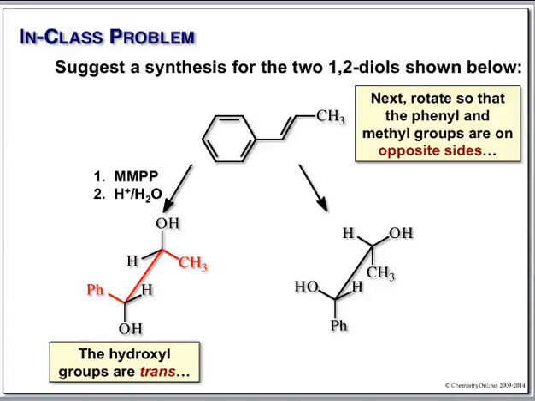That means the hydrogen will come down, and the hydroxyl group will be over here. Phenyl comes up, hydroxyl group moves over, hydrogen down. Phenyl up, hydrogen down, hydroxyl over. Looks just like this one now.